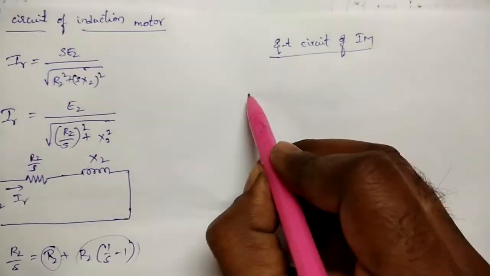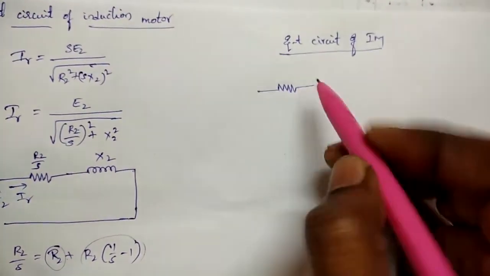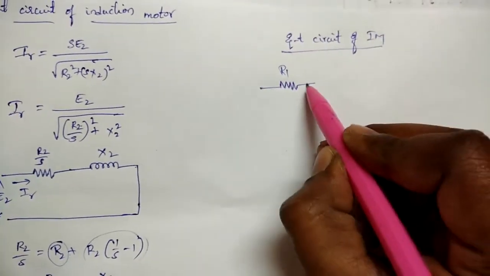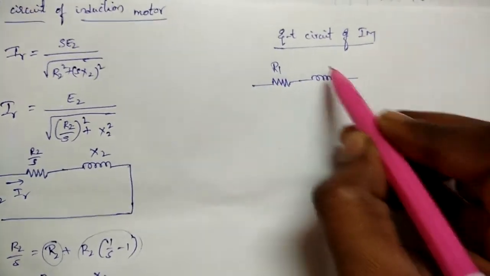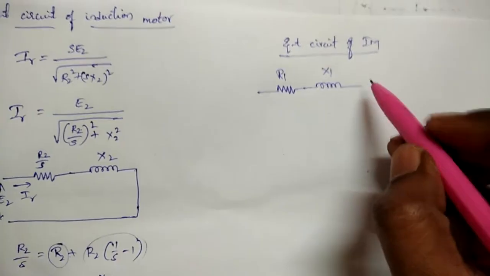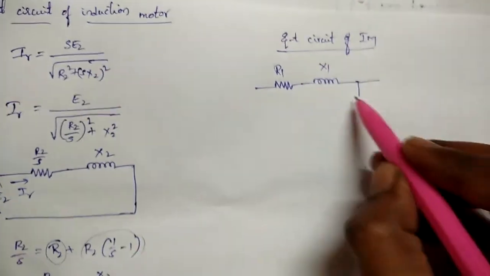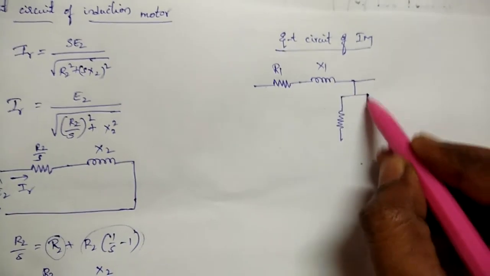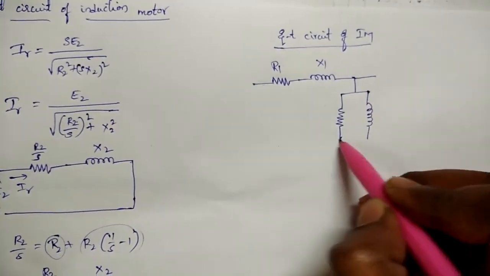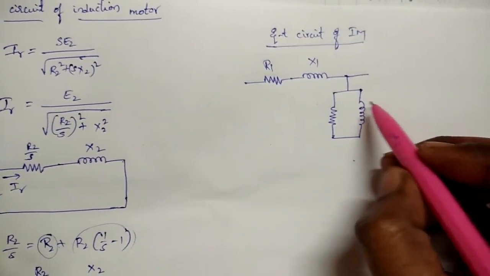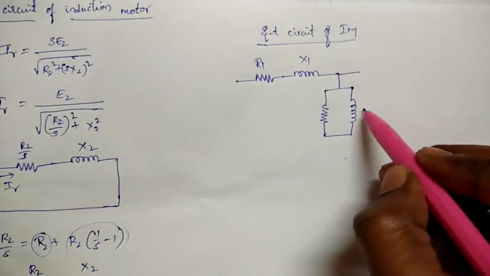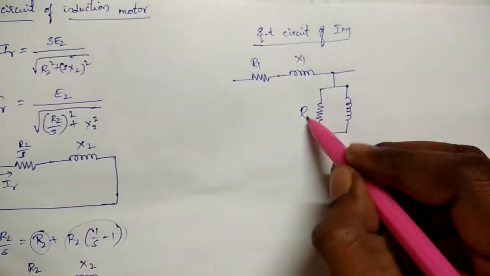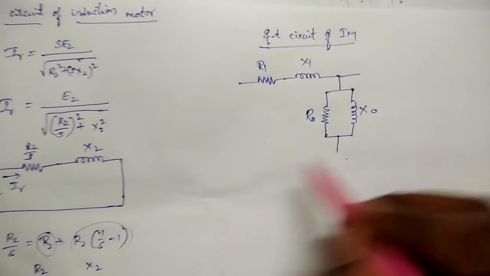This is the stator resistance and this is the stator reactance, and there are shunt branch parameters also. This is the core loss component and this is the exciting component. So this is R0 and this is X0.